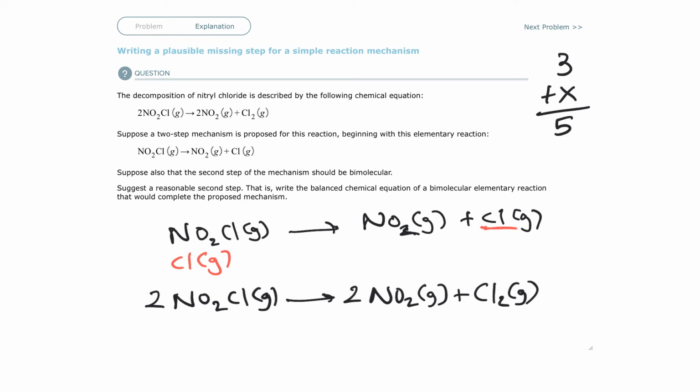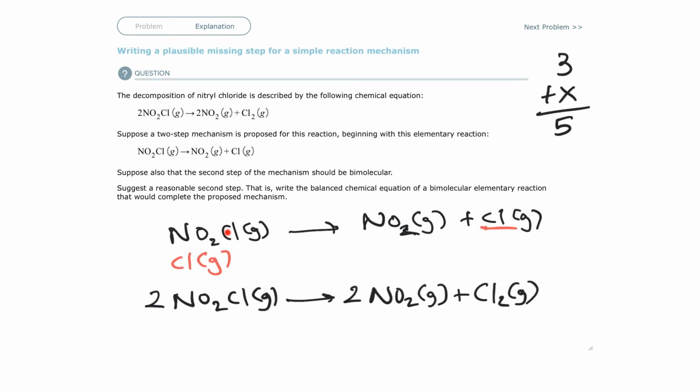You're also told that this should be bimolecular, okay, which means there's going to be at least two. Well, there will be two molecules that are going to slam into each other in the reactants of this second step. Well, check it out again. What's different about the first and the second?